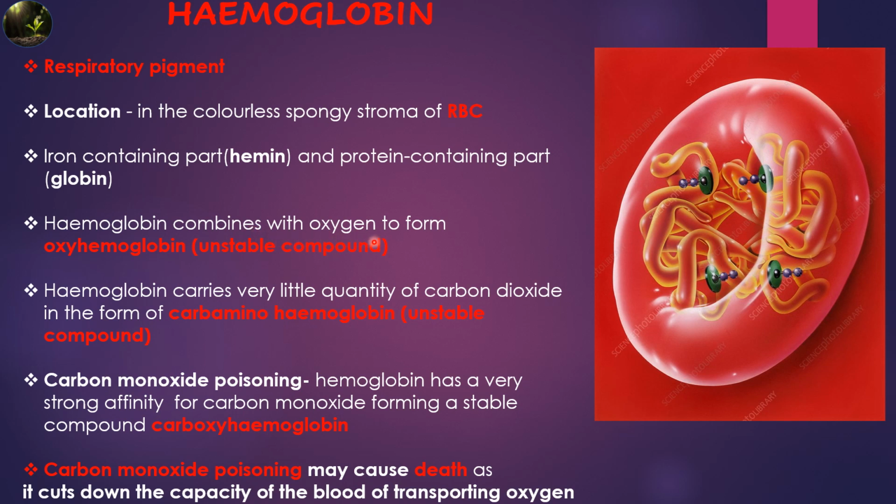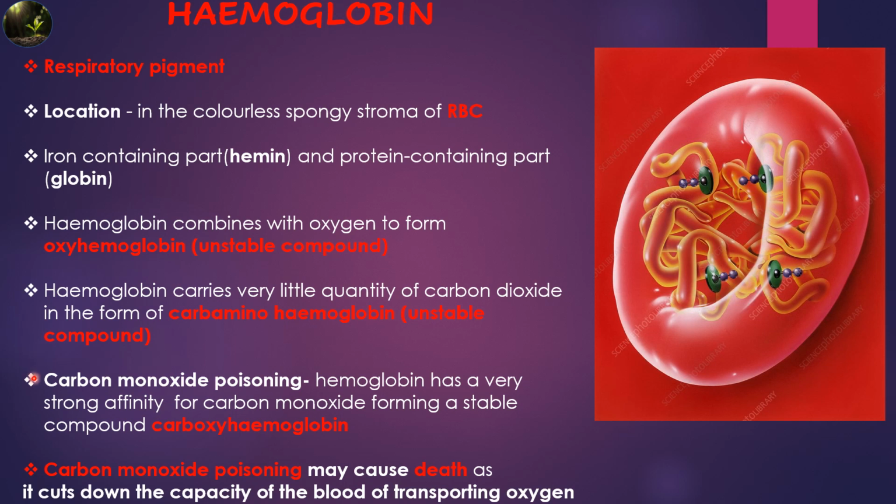When hemoglobin combines with oxygen, it forms an unstable compound called oxyhemoglobin. When carbon dioxide combines with hemoglobin, it forms an unstable compound that we call carbaminohemoglobin. In Circulatory System Part 1 you already studied these two points, right?